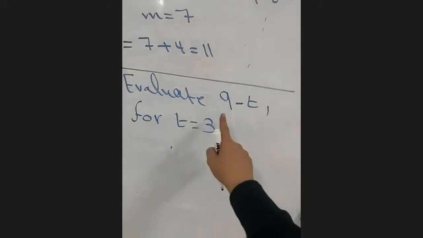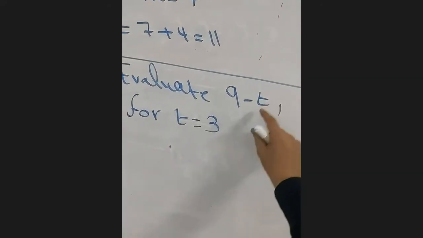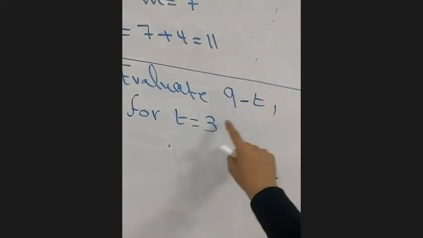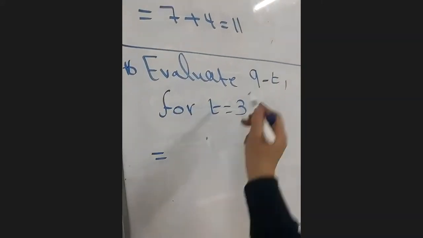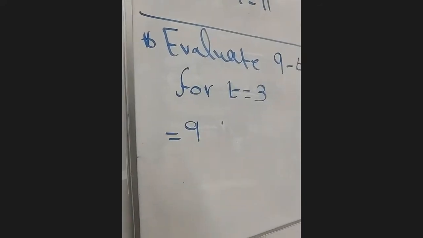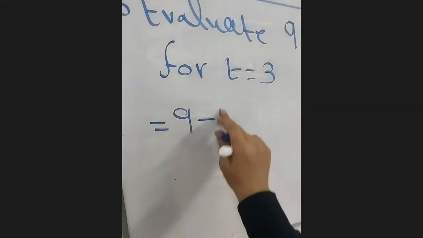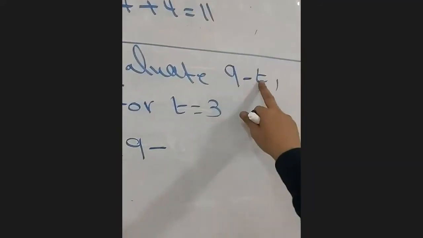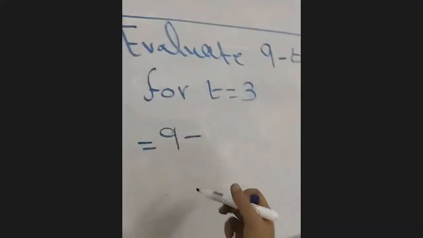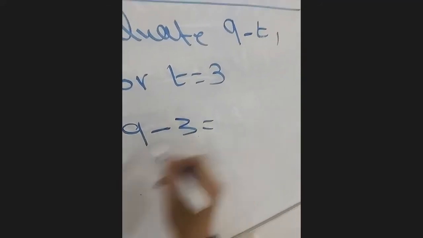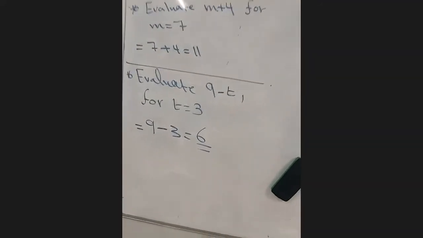I will go to the algebraic expression, replace t with the value of it, which is given in the question. So this is equal 9, still 9. It is a constant, we don't change it. Minus, we do the same with the algebraic expression. T, what's t? T is 3. So I replace t with 3. 9 minus 3 is 6. The answer is 6. It's an easy idea.